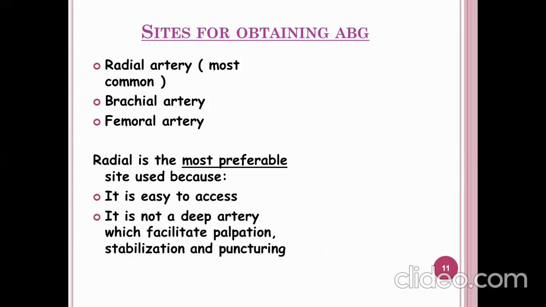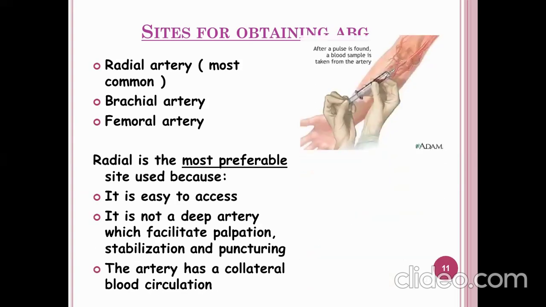It is not a deep artery, so the patient may feel less pain, and it facilitates palpation. You can easily palpate. Stabilization and puncturing is quite easy compared to other arteries. The artery also has collateral blood circulation. You can see here.